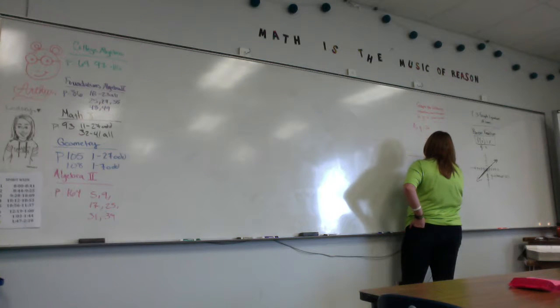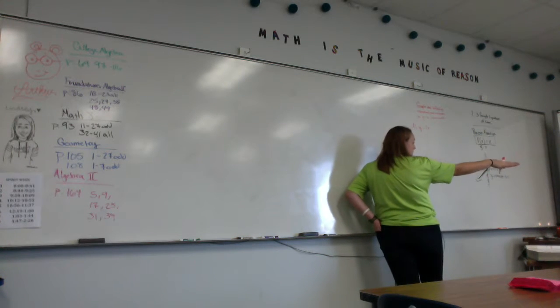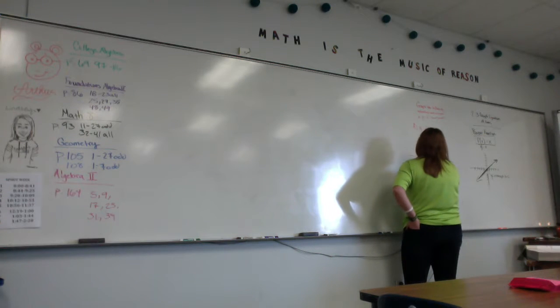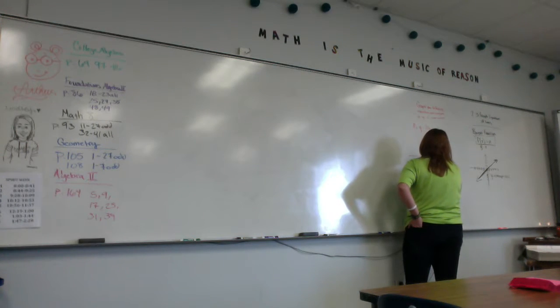Now I can go off of my slope. What's my slope? 2. So I'm going to go up 2 over 1, or I can reverse it and go down 2 and over 1 to make my line. So here is the graph of that equation.